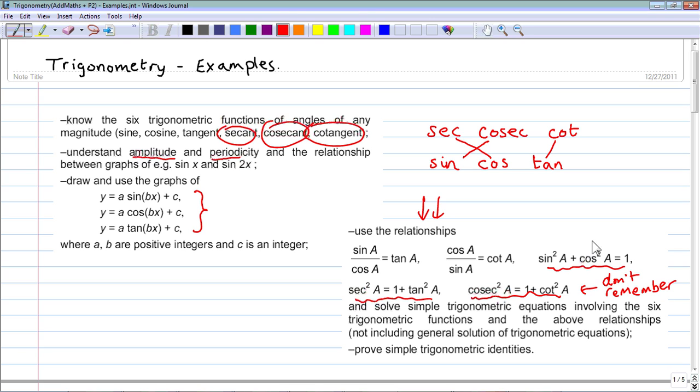As long as you remember this key starting formula, you can get the others. Then it talks about solving trig equations, and we'll look at some examples of that, and proving formulas or proving identities. Remember from the video on polynomials the meaning of the term identity.